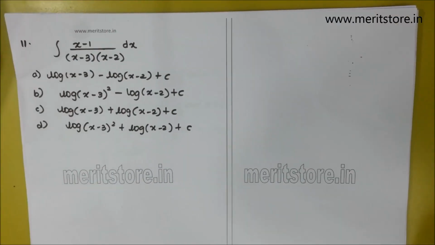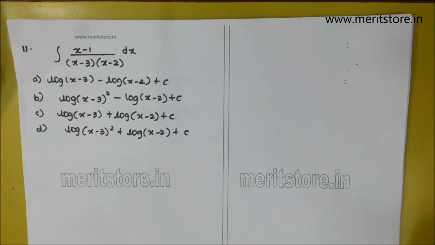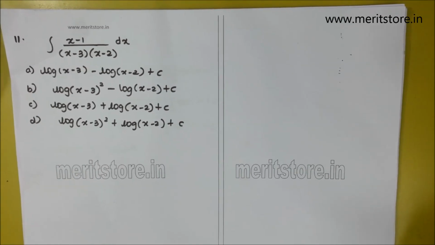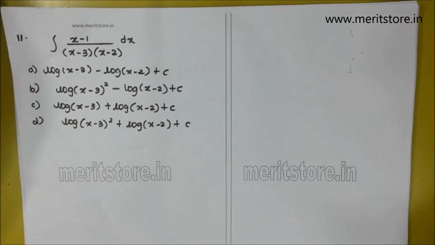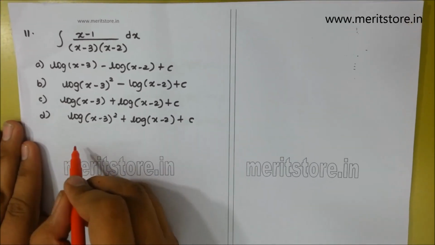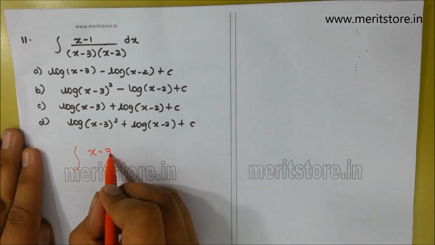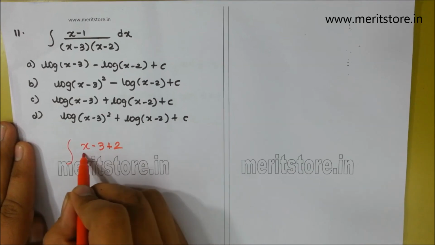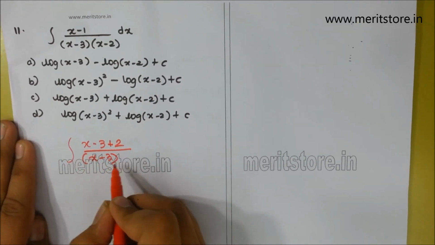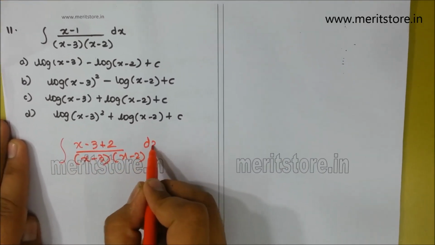Question number 11. Integration of x minus 1 upon x minus 3 into x minus 2 dx is equal to, now to solve this question, we can resubstitute the numerator: minus 1 can be written as minus 3 plus 2, upon x minus 3 x minus 2 dx.